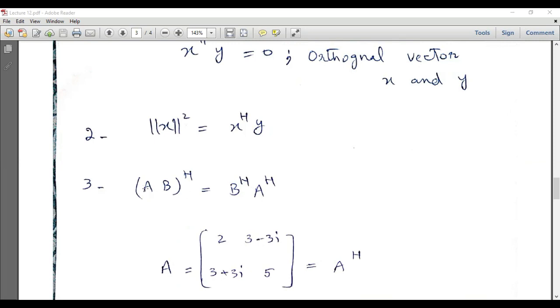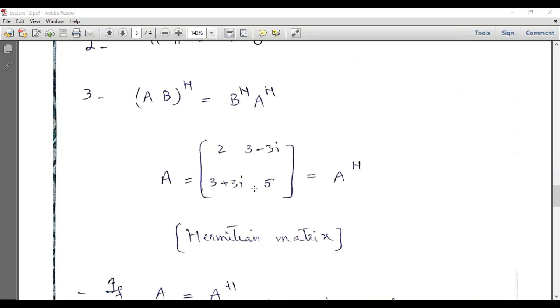This is another property: AB whole Hermitian is equal to B Hermitian A Hermitian. And if we take the Hermitian of a matrix and it becomes equal to the original matrix, then that matrix is called a Hermitian matrix, right? So the Hermitian of A is equal to 2, 3 minus 3 iota, 3 plus 3 iota, and 5. So let's evaluate the conjugate of this matrix.